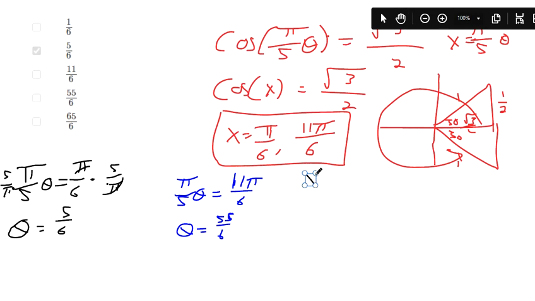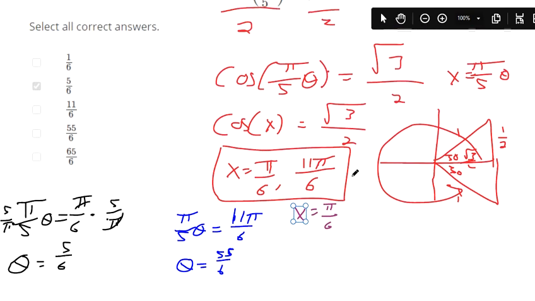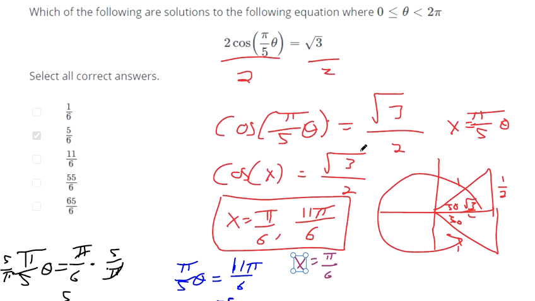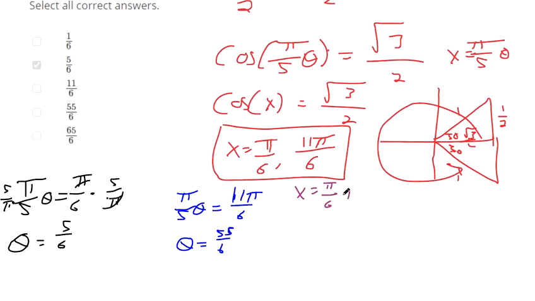So like x equals, I want a different color. X equals pi over 6. What are our restrictions? Probably 0 to 2 pi. Yep, 0 to 2 pi again. If we add 2 pi, we're still in the same place. So this is 12 pi over 6. So that gives us 13 pi over 6.